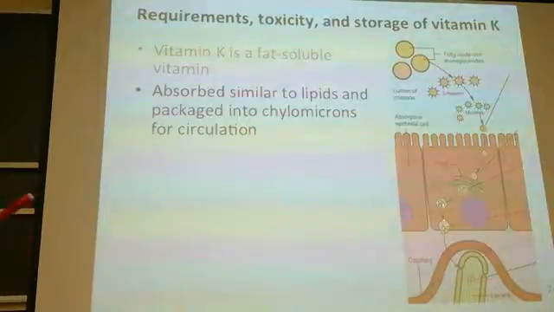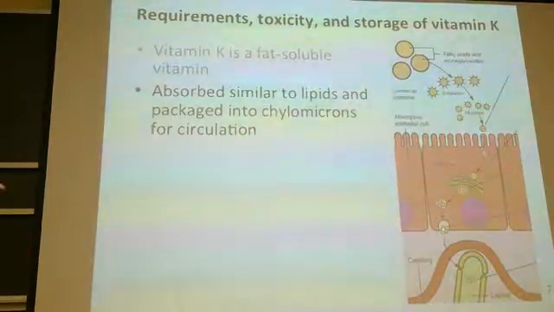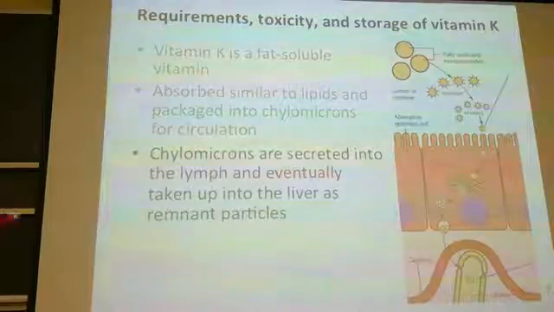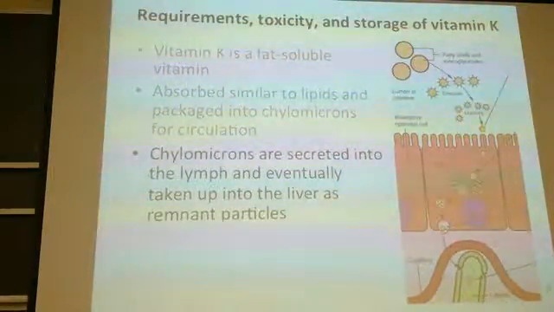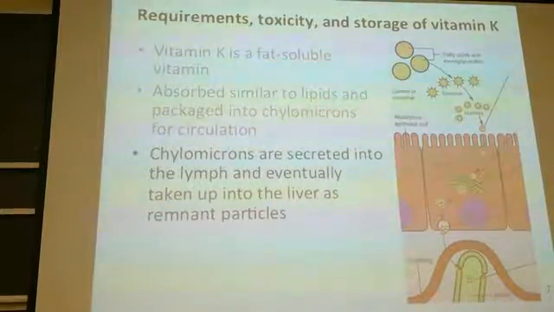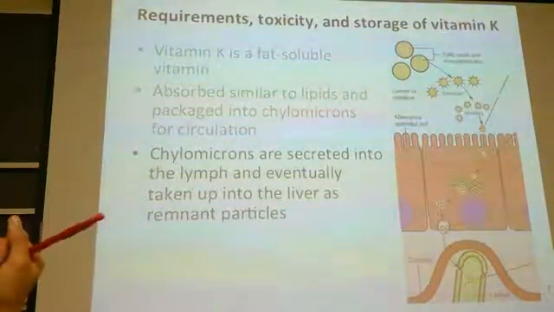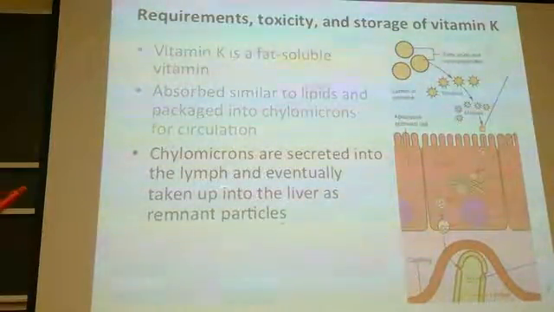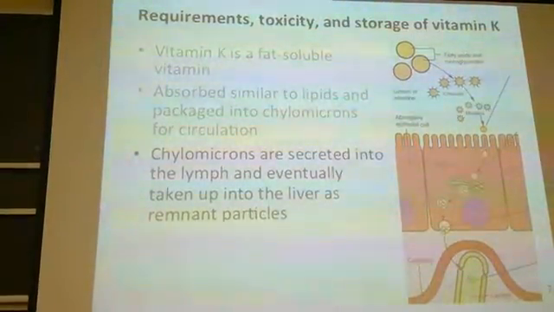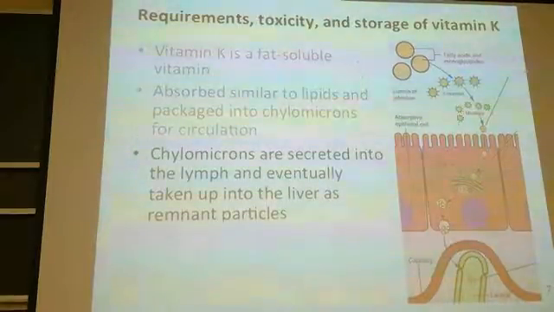The chylomicrons are then secreted from the basolateral surface of the enterocyte, where they can enter into the lymphatic system through the central lacteal, right? Eventually those chylomicrons are secreted into the lymph. This will drain through the thoracic duct into the blood, and then those chylomicrons can circulate, and eventually will be taken up in the liver as chylomicron remnant particles, right?